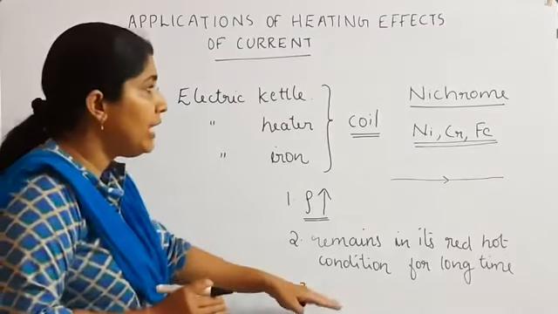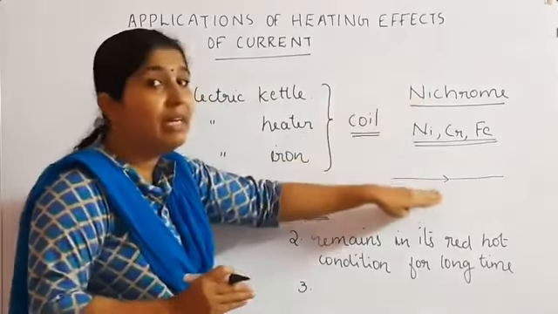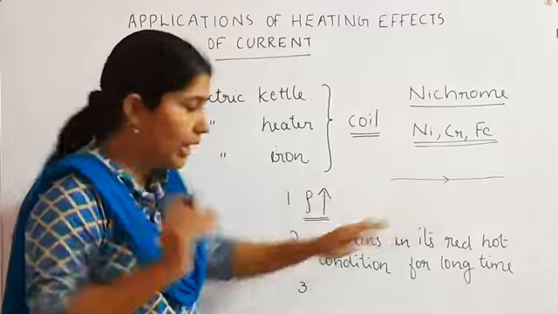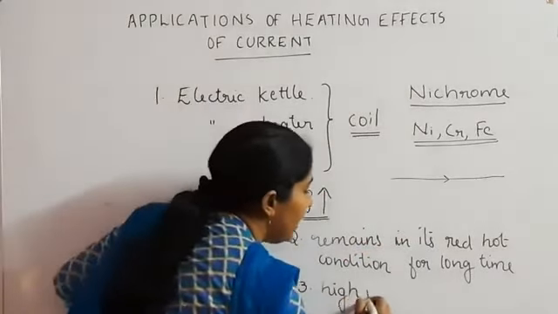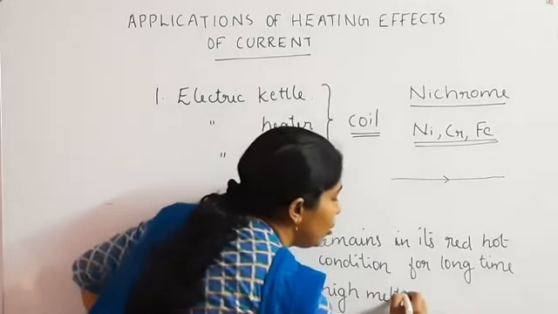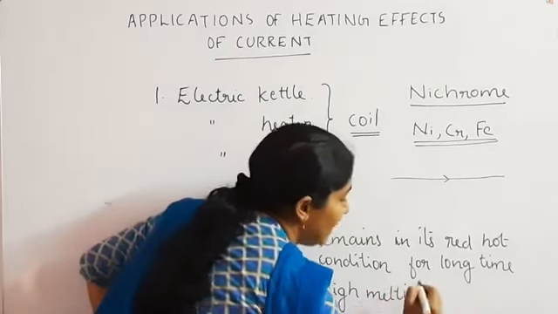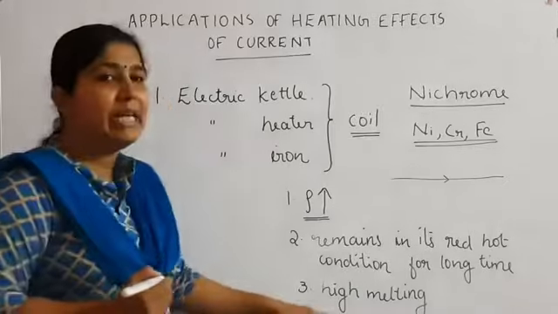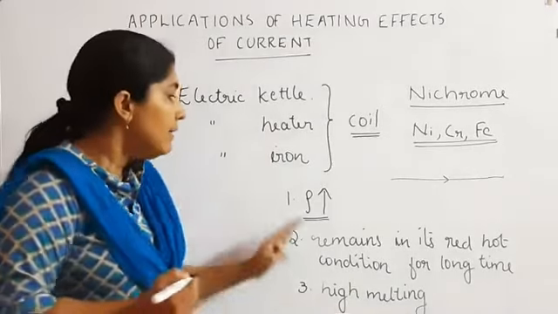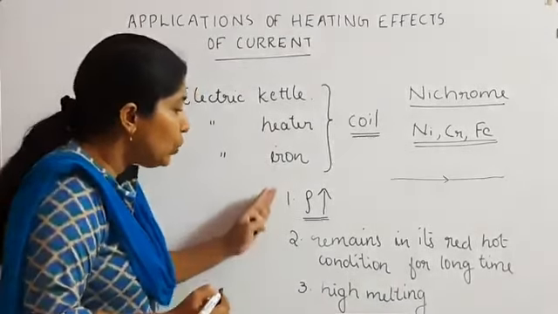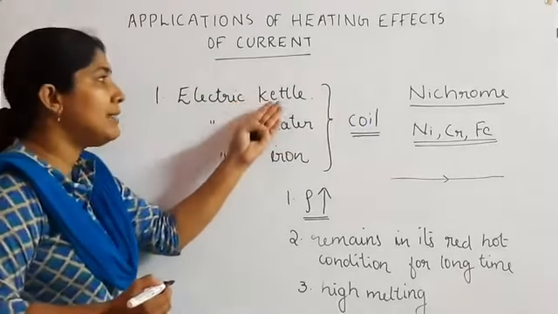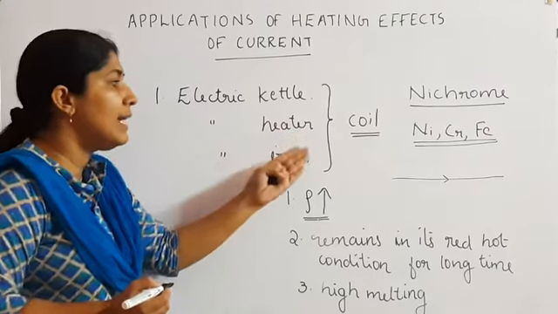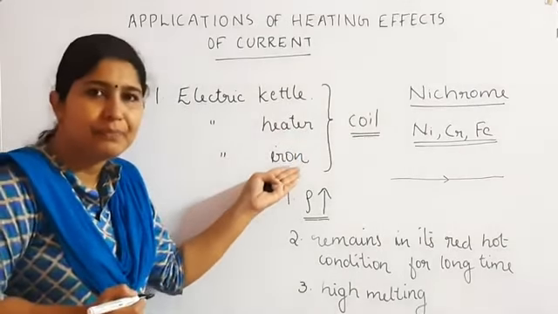It does not melt when the temperature increases. These are the three points. Due to these properties, nichrome wire is used for making electric kettle, electric heater, electric iron box, etc.